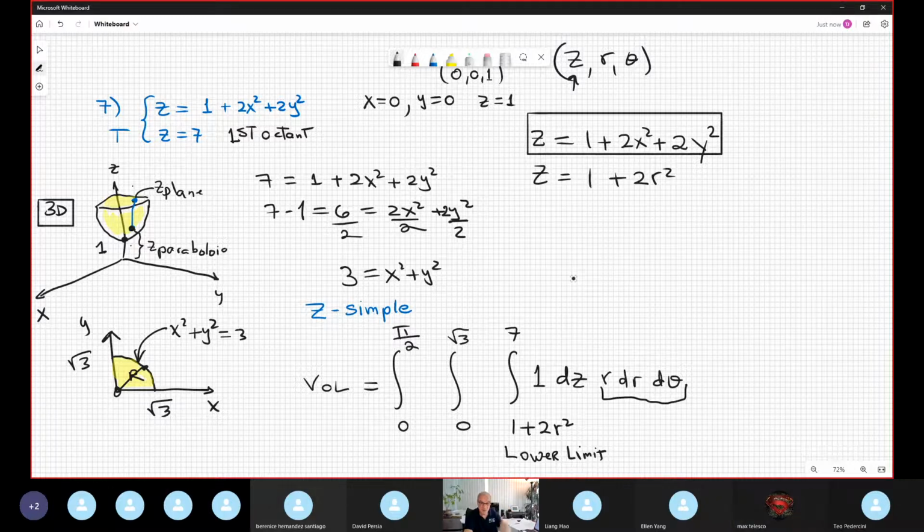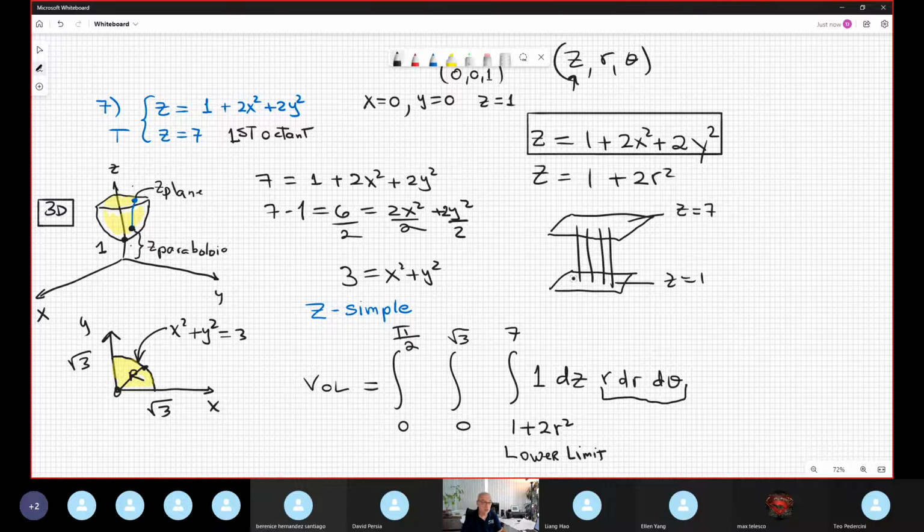Make sense? Yeah, but why wouldn't the lower limit be 1? Because it only goes down. I mean, I see it as it should be from 1 to 7, is what I'm thinking in my head. No, no, I agree with you. See, we have one plane here, and we have another plane. This plane is z equal 7, and this is z equal 1. So this distance is constant anytime.